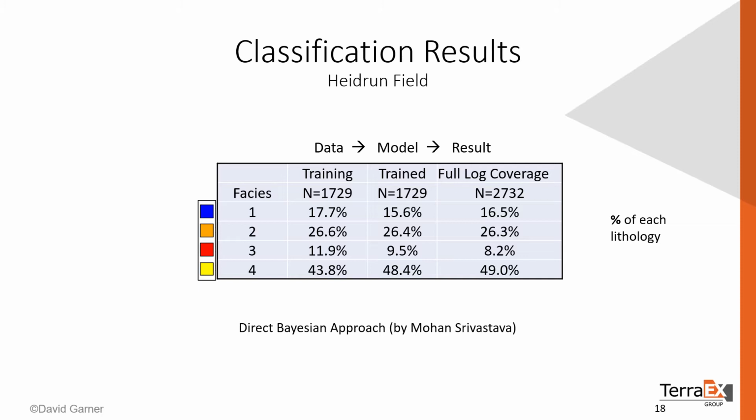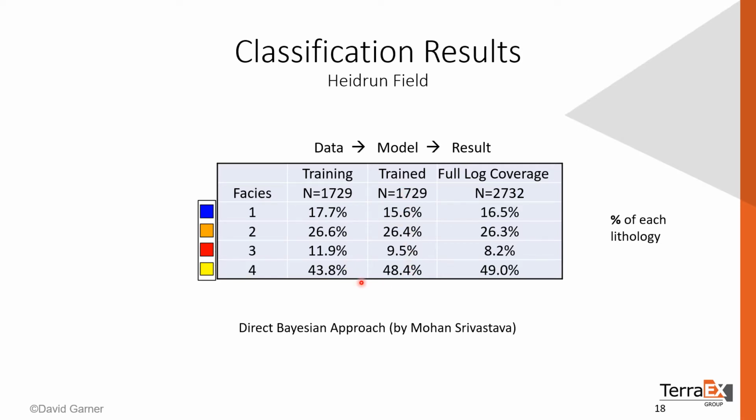And I'll just note that because we didn't use commercial software, we didn't attempt to match the output proportions to the input training set. We usually use the input logs as a guide to the proportion of facies. We're training them up. So here's the input training set. Here is training.